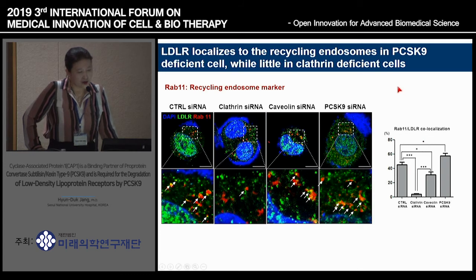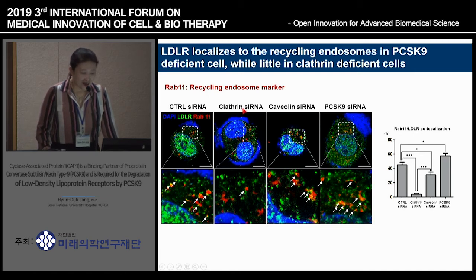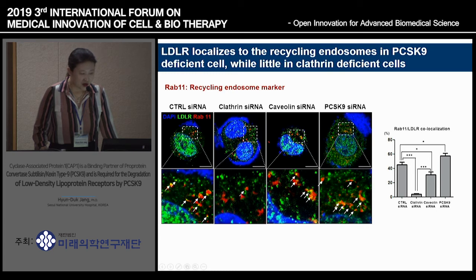What's the role of clathrin-mediated vesicles? We stained with RAB11, a recycling endosome marker, together with LDL receptors. Here, in clathrin knockdown, we could barely see RAB11 and LDL receptors, while in caveolin knockdown, PCSK9 is still seen.